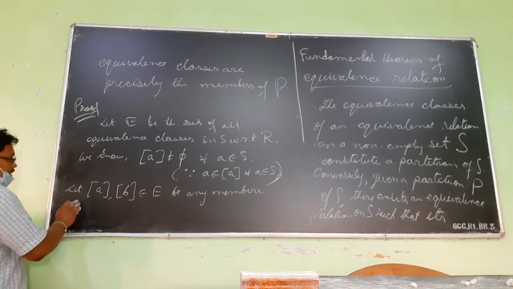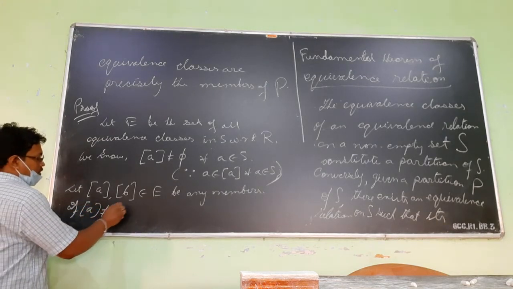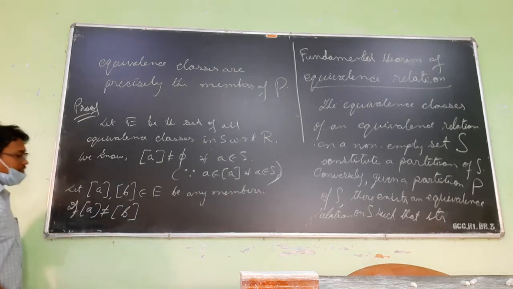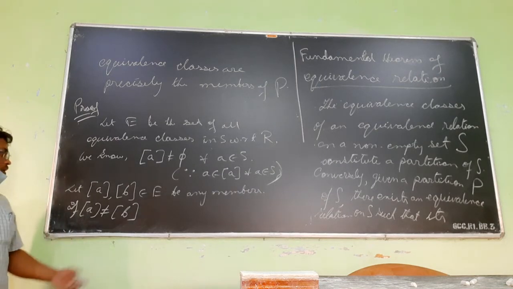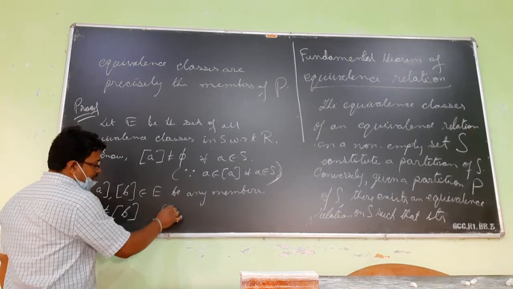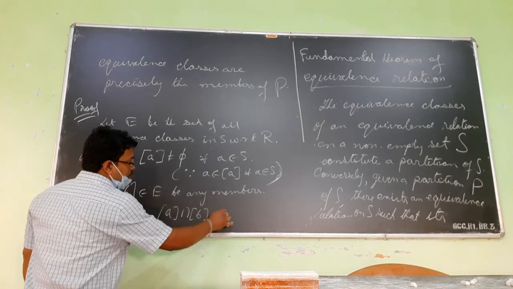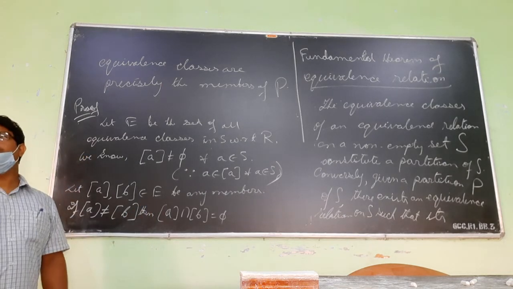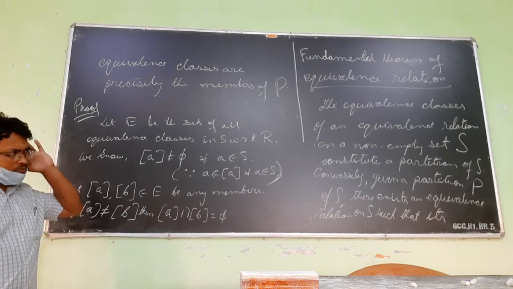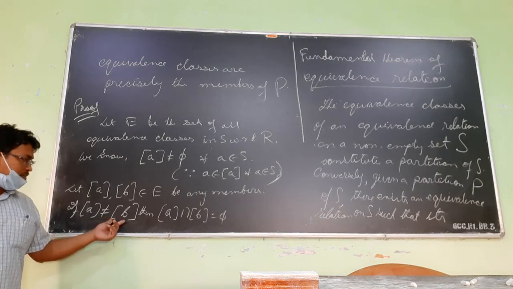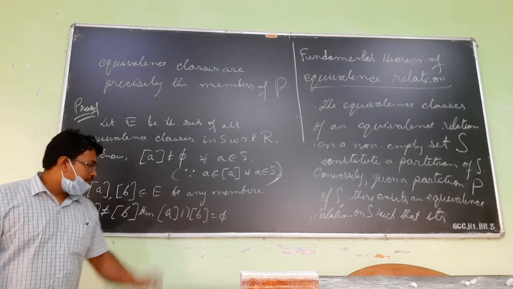If class A is not equal to class B, then I have to show that their intersection is empty. So if class A is not equal to class B, then I have to show class A intersection class B is phi.